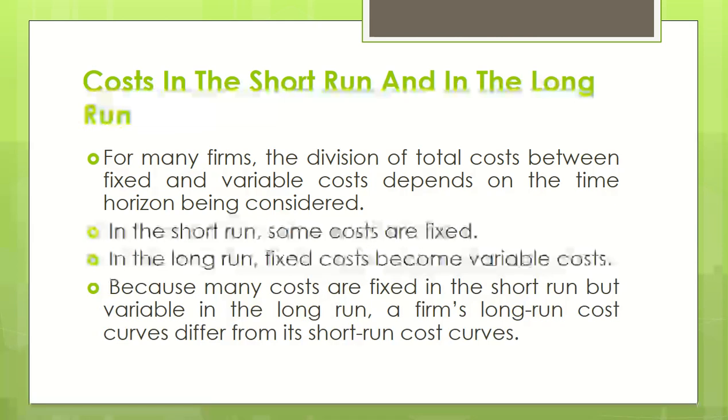If the firm wants to increase or decrease its production, it can make these changes just by changing the quantity of labor, because capital is fixed in the short run.